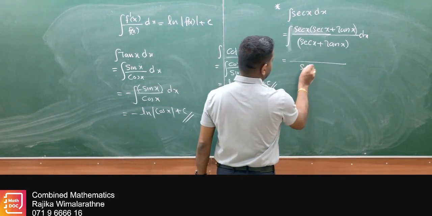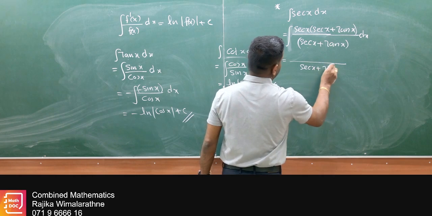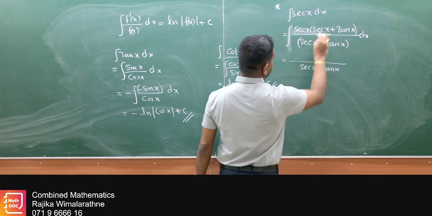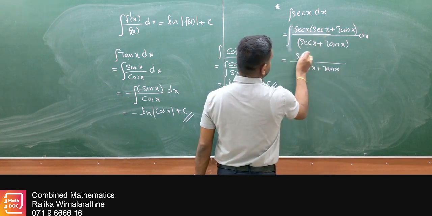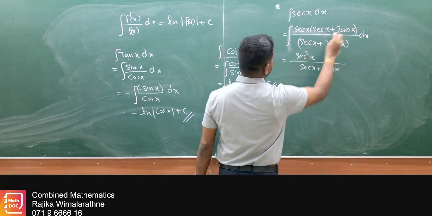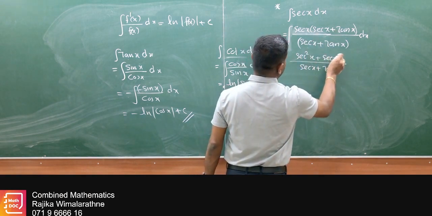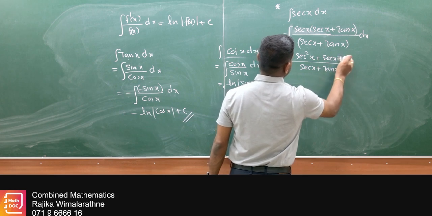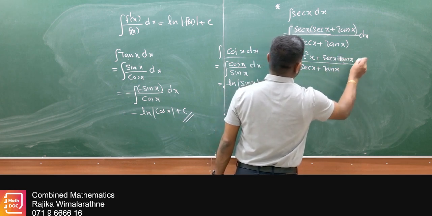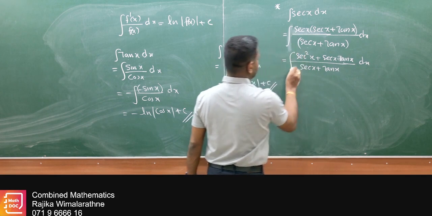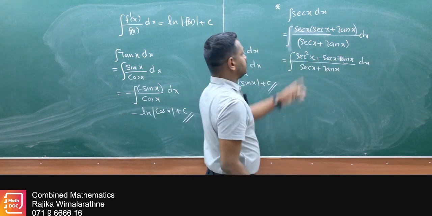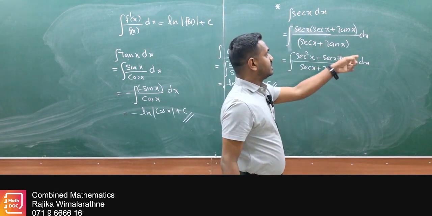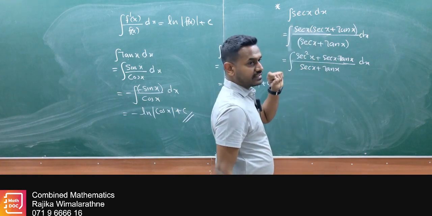Sec x plus tan x. So when you expand, you get sec x times sec x plus sec x times tan x. Now check this. You can cancel, and the result in the numerator is sec squared plus sec tan.